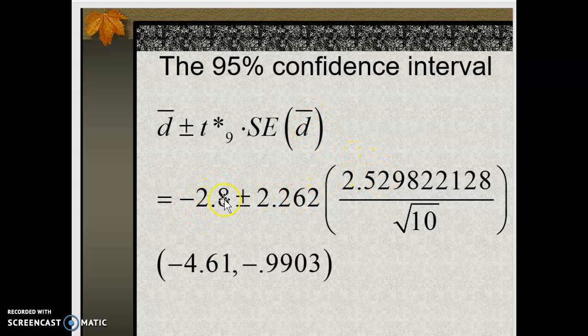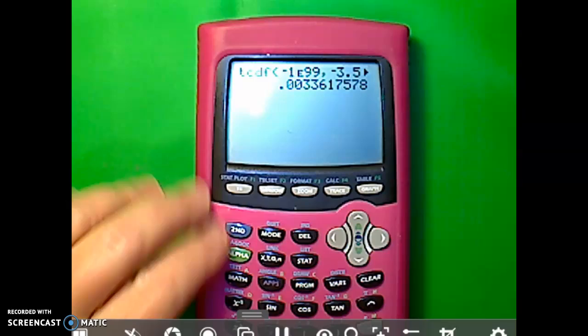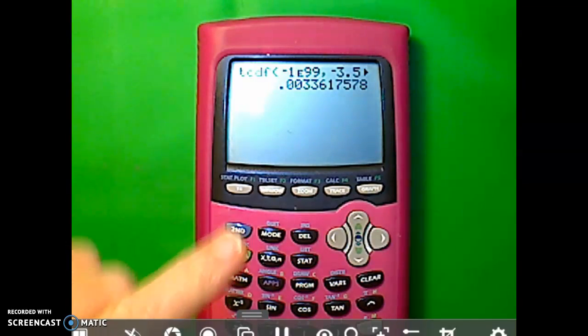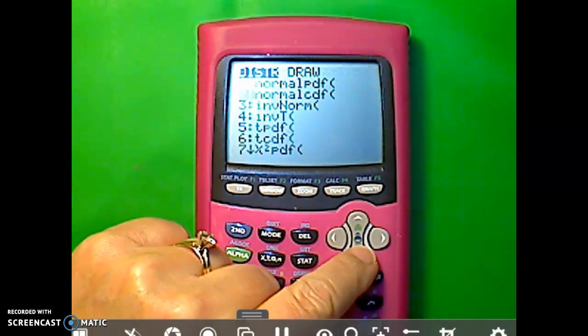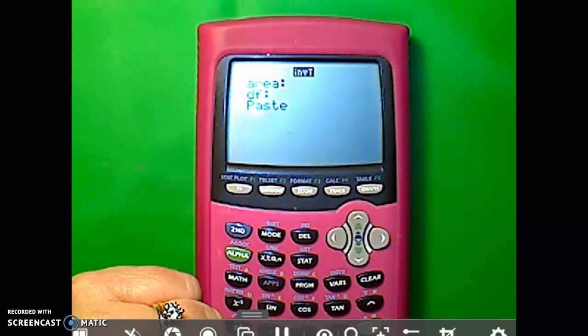Negative 2.8 is our observed value, and the T critical value for 9 degrees of freedom is 2.262. That needs to come from your calculator, so we're going to use inverse T for that, second distribution. Inverse T, we want the area to the left.